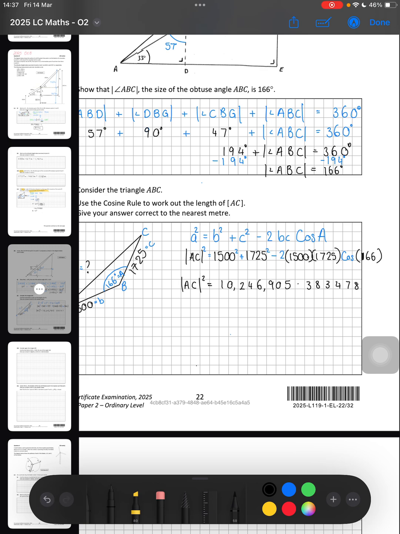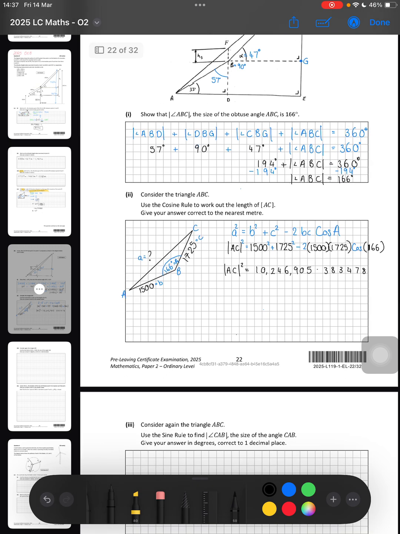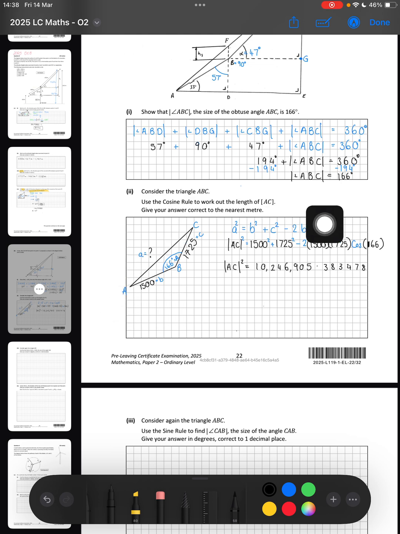Now that is clearly not what the side AC is equal to. It's way bigger than the other sides. So look at it and realise, oh yeah, that's AC squared, so I need to square root.